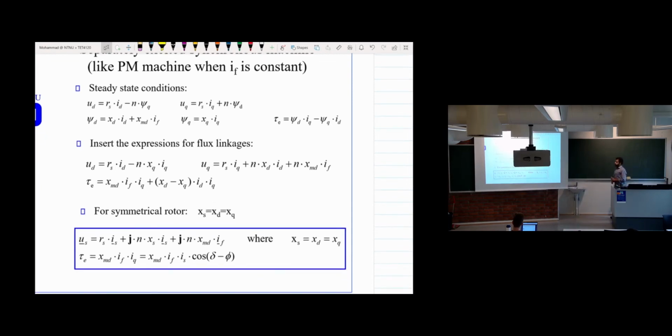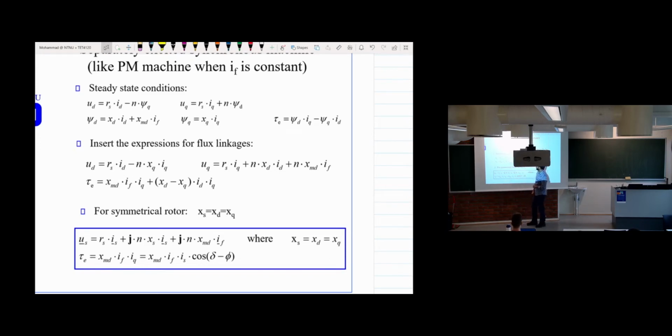Before that, I want to say something about the synchronous machine, because you work a lot with the permanent magnet synchronous machine. When you have a field current, you can change this field current to change the flux, and you can change the torque by changing this current.